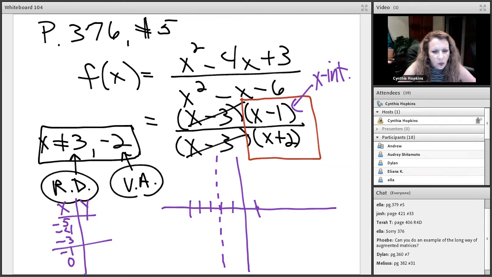I'll skip 1 because I already know it's an x-intercept. And then I'll do 2. I wanted to squeeze in 3, but actually I'm going to write it right here, and put an open circle right on my XY table to remind me that I'm going to have an open circle there. Open circle at 3, because remember, that's my removable discontinuity.